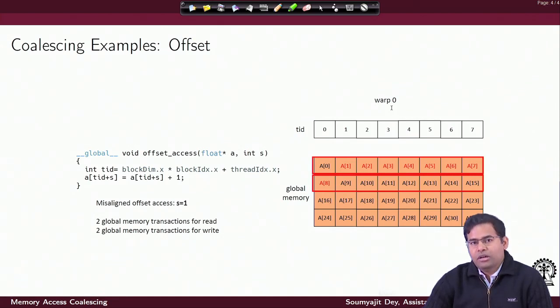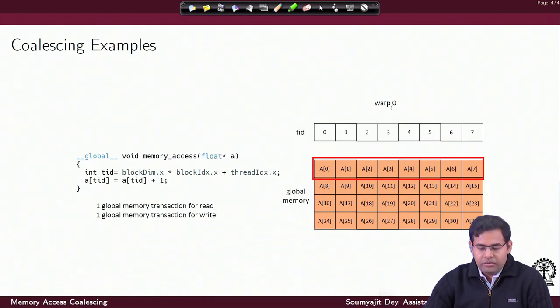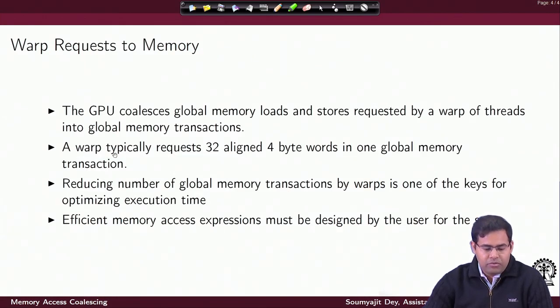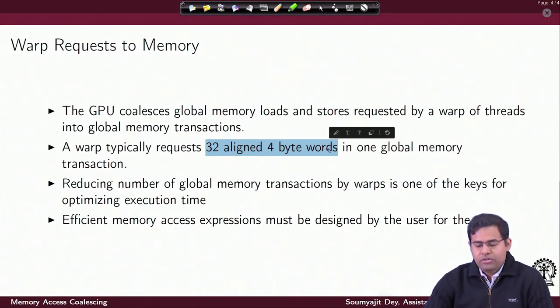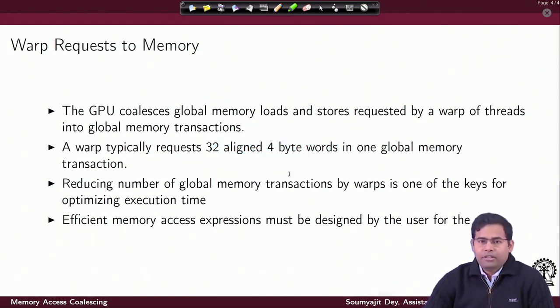That is the definition of the global memory transaction, and one of the important points here is that the warp would request 32 aligned 4-byte words. Each transaction would happen in spaces of 128 bytes, considering a warp width of 32. But whatever the warp width in your system, multiply that by the requirement of the integer storage, that is 4 bytes.